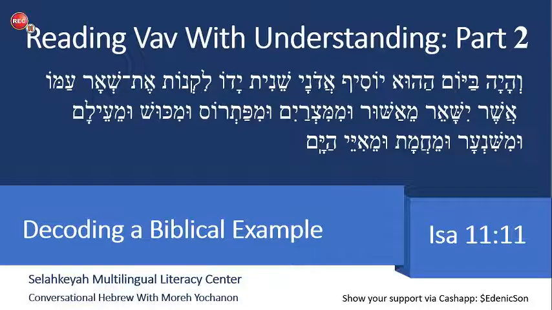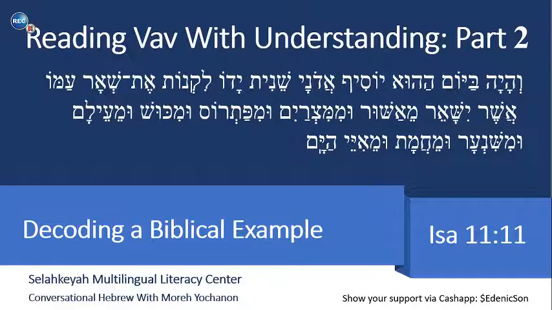We're going to identify the Vavs first, and then we're going to read this using the Nikud and break down what it all means. I know it seems like a lot of writing going on here, but as we start decoding this, I promise you're not going to be overwhelmed. So bear with me. Here we go.